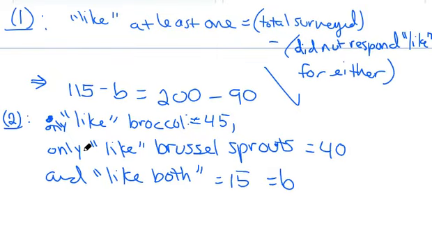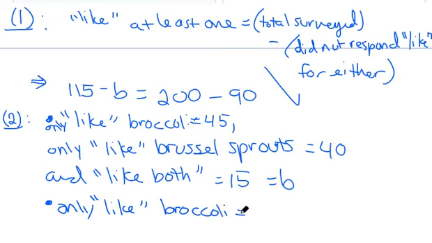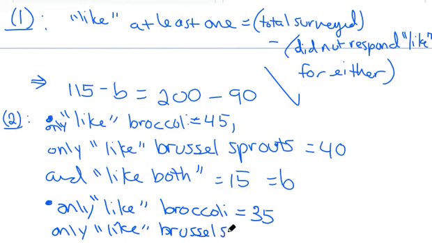But let's look at another case. Suppose that those who only like broccoli are, say, 35, and those who only like Brussels sprouts is, say, 30.